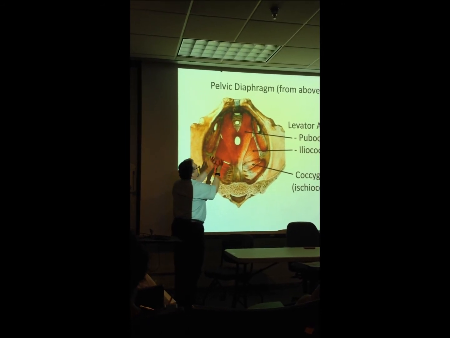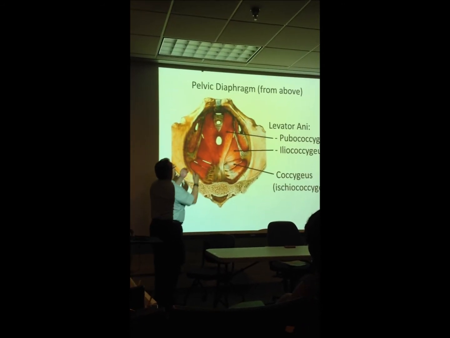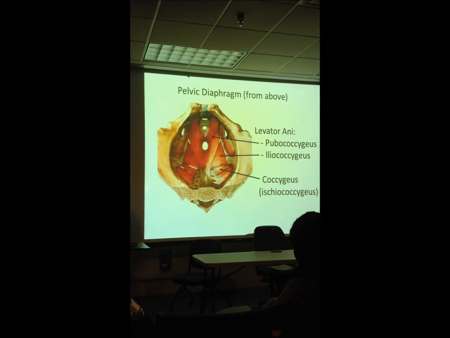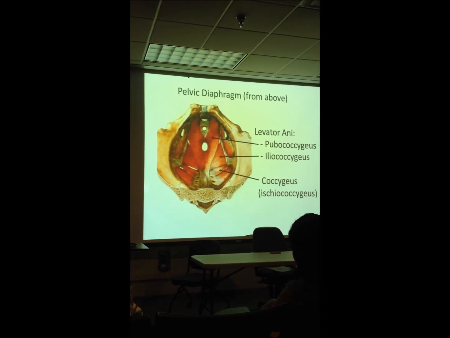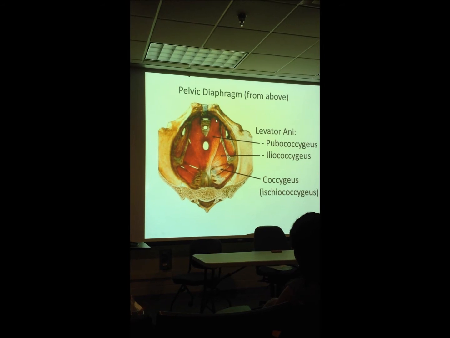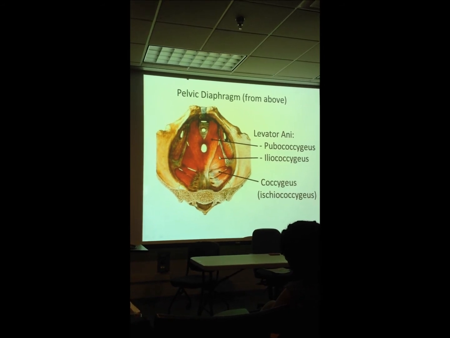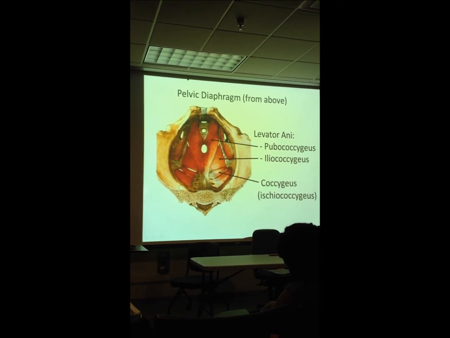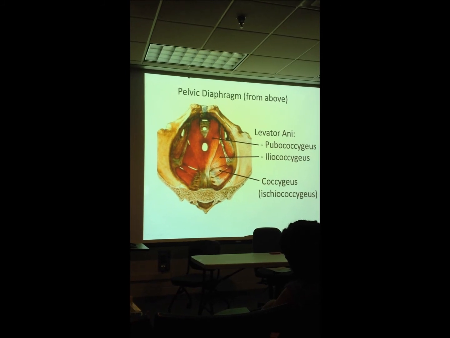So they can elevate the anus. And the 2 components of the levator ani are the pubococcygeus coming from the pubis, and the iliococcygeus coming from this thing here, called the arcuate line.